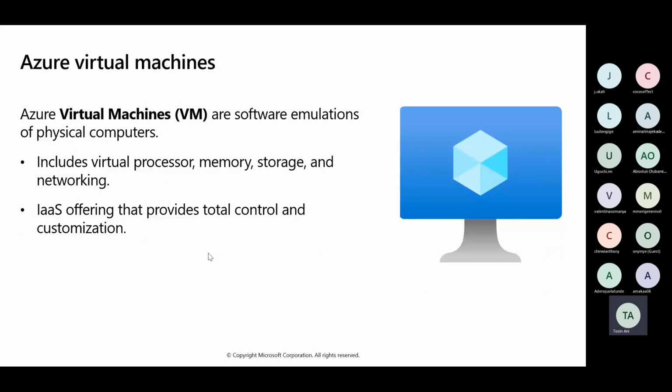Now, what is Azure VM basically? Our Azure VM is just an emulation of that physical machine that we have. For instance, you have your laptop or your desktop. I'm sure you know that once you turn on your laptop and sign in, you see your desktop, your different applications, your documents and all of those things.